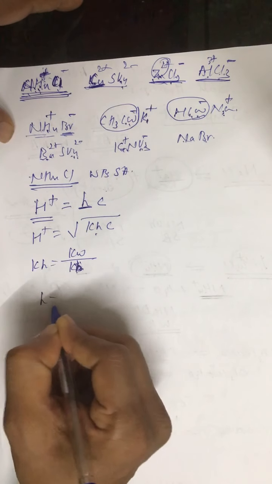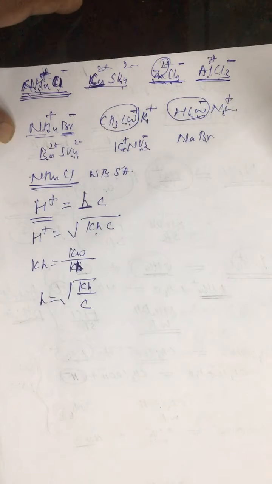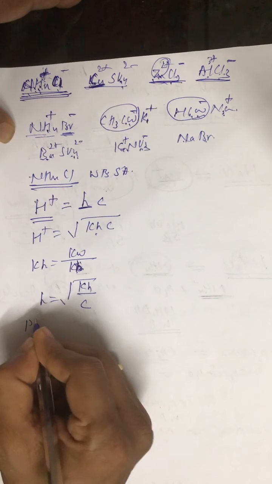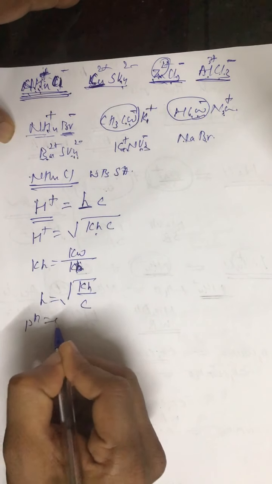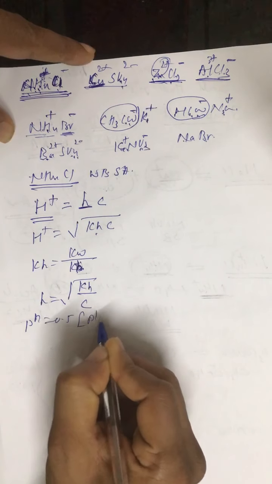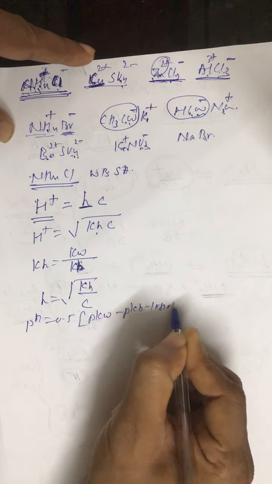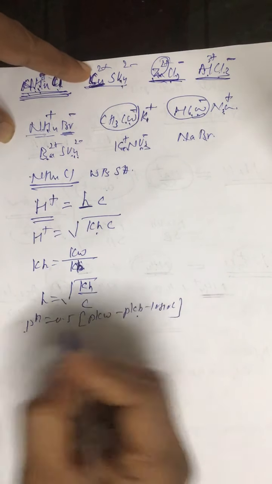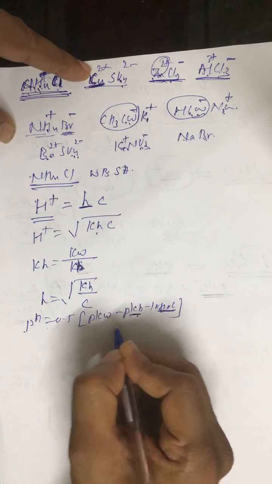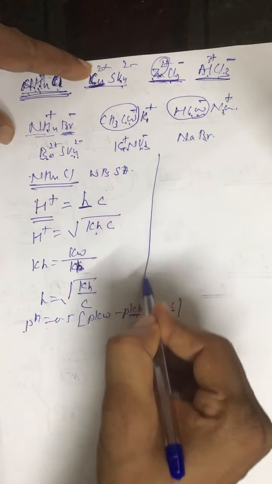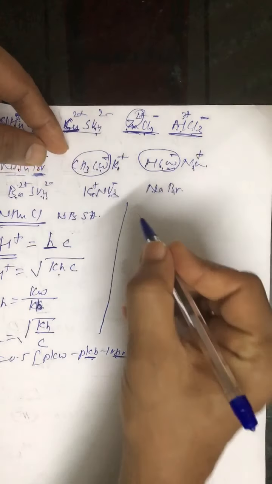Or h equal to root of KH upon C. These are the formulas used. Or direct you can calculate, aqueous solution is acidic, pH is equal to 0.5 pKw minus pKb minus log of C. Direct you can calculate the pH if you are given the concentration of salt and Kb value. And I told you to remember some Kb, that is NH4OH, you must remember that.